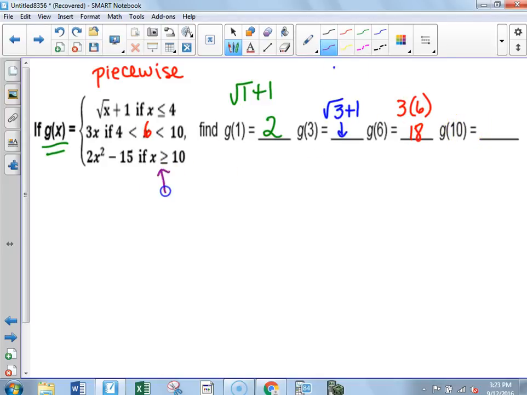Exactly 10 has to go in this one because of the or equal to. So when we put a 10 in there, we get what? 185. Because you square it, then multiply by 2, then subtract. We're all good? Okay.